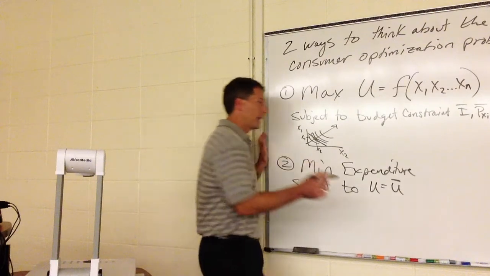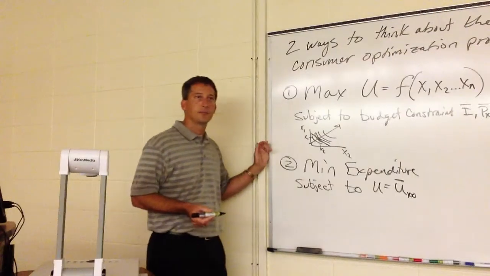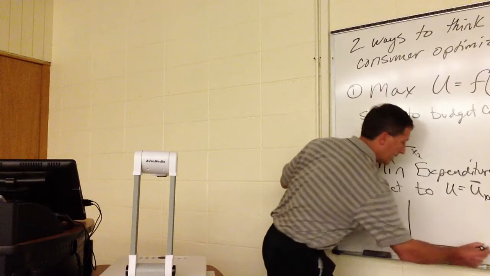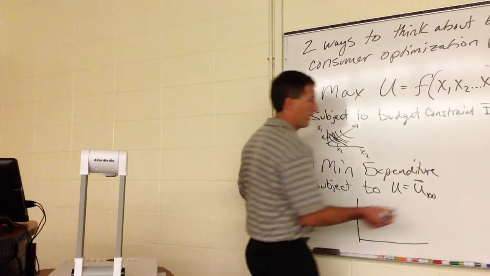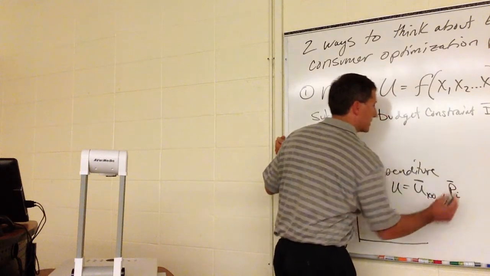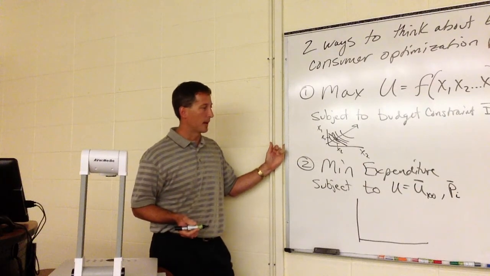So we say, I want to keep my utility equal to 100 units of satisfaction. What's the least amount of money that I can spend to get there? And obviously I can't change prices, so we still have prices fixed for all of the goods that we have.